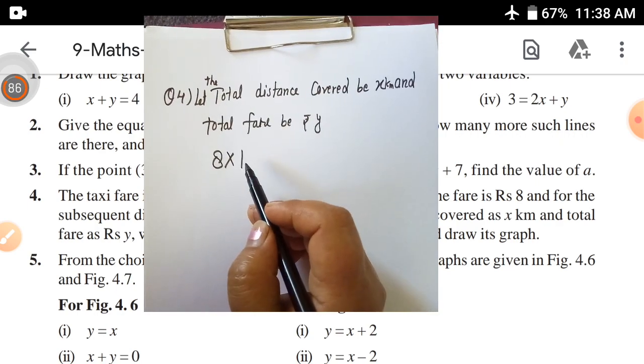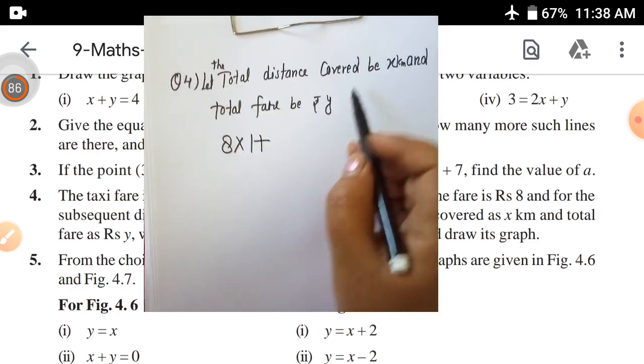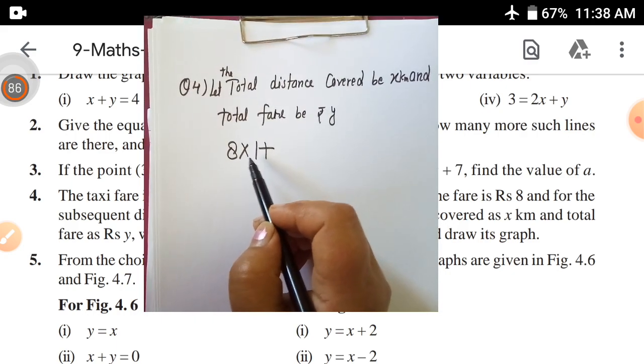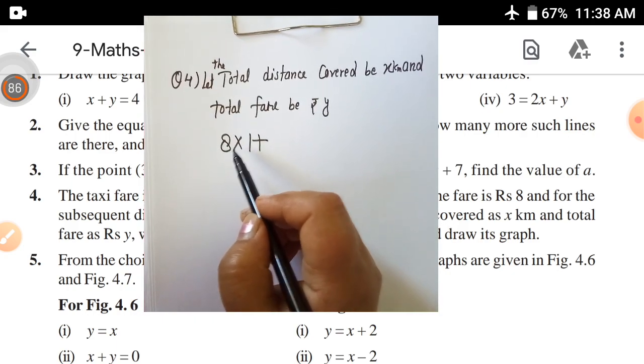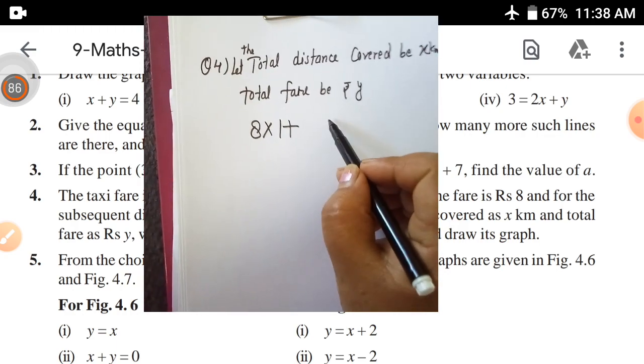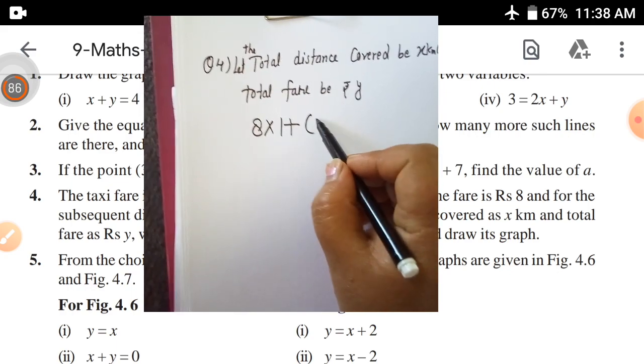For the next kilometers, there are total x kilometers, and for the first kilometer we have already given 8 rupees. Now for the remaining kilometers, the fare is 5 rupees per kilometer. Now what is the distance remaining?